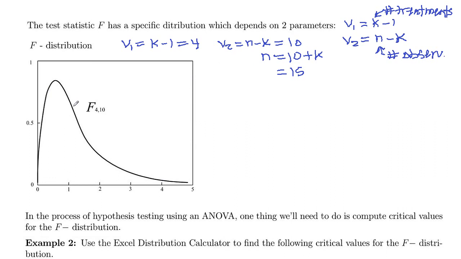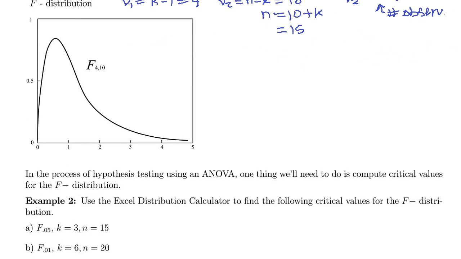One of the things that we're going to need to be able to find is critical values for this distribution so that we can perform our hypothesis test. I designed a distribution calculator in Excel, and let's use that to find some critical values. We're going to use the inverse F tab. First we want to find the F value with 0.05 to the right, so down in this tail here is 0.05 for part A, with k equals 3 and n equals 15.